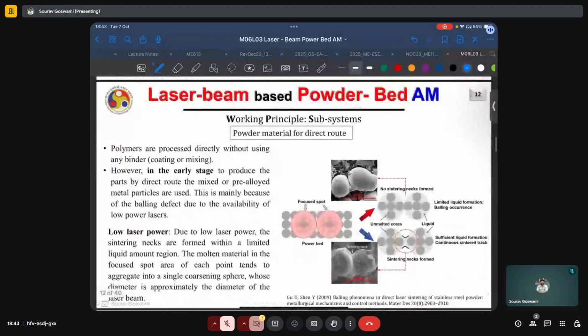Now in these processes, the polymers are processed directly without using binders because they are very low melting temperature phases. However, in the early stage, to produce the parts by direct route, mixed or pre-alloyed metal particles are used. And this is mainly because of the balling defect due to the availability of low power lasers.